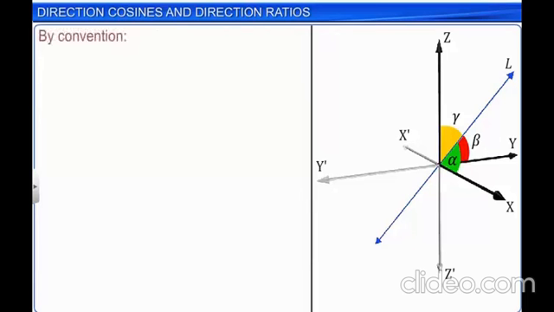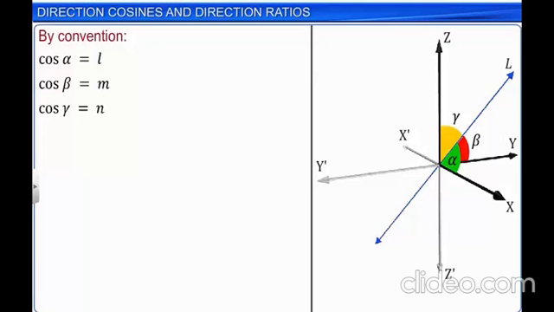By convention, the direction cosines cos alpha, cos beta, and cos gamma are denoted by the letters L, M, and N respectively. Note that a line can be extended in two directions in space.